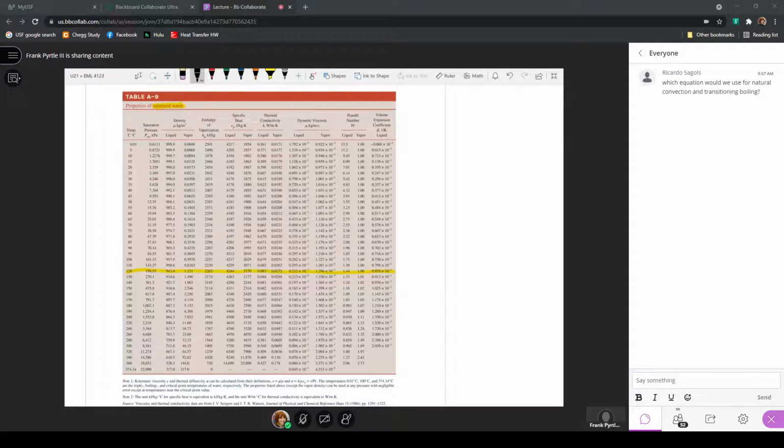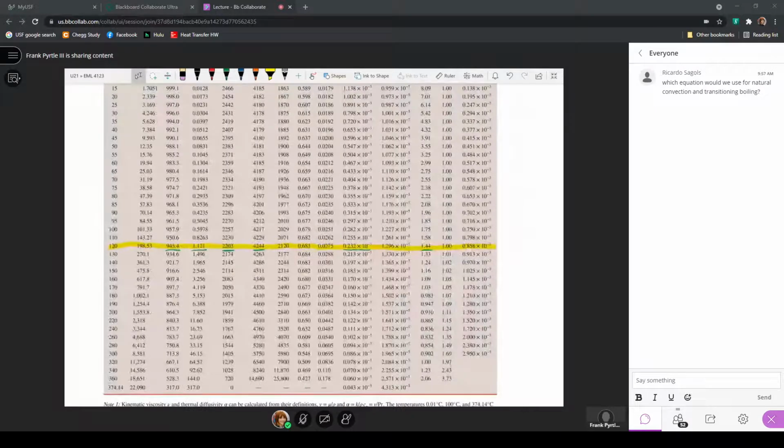So the properties associated with that saturation condition change. The ones that we need here are the density of the liquid phase, the density of the vapor phase, the latent heat of vaporization, and the specific heat of the liquid phase. We also need the dynamic viscosity of the liquid phase and the Prandtl number of the liquid phase. Those are all properties that we need in order to substitute into the expression of the Rohsenow correlation to calculate that heat flux.